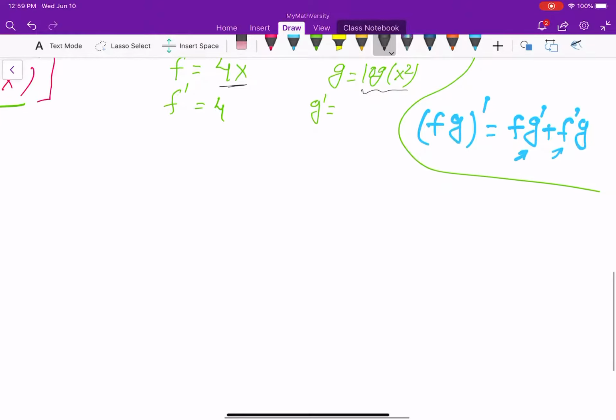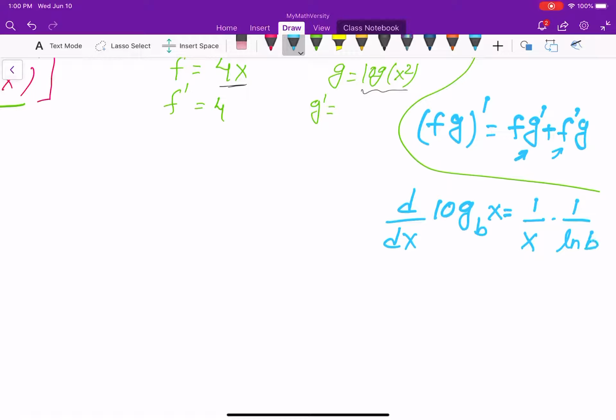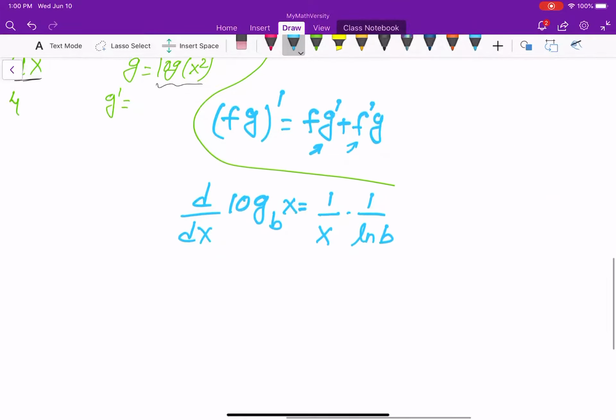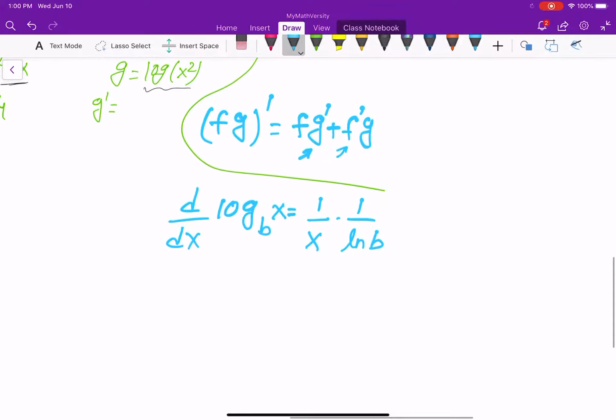We have actually a formula, which is if you need to find the derivative of log to the base b of x, then the derivative will be 1 over x, right, times 1 over ln of b. So let's use this formula to try to figure out the derivative of log of x square.